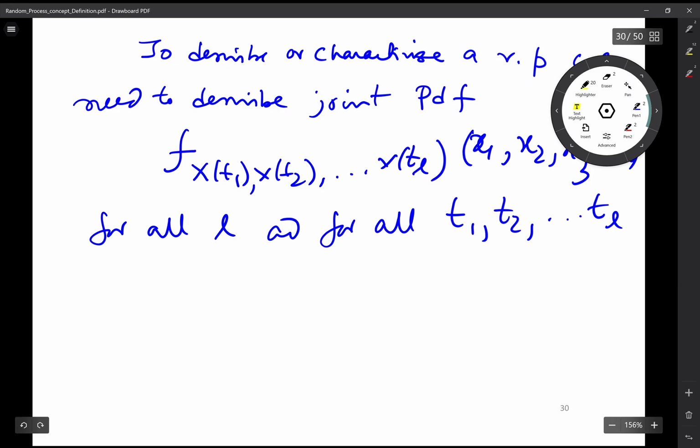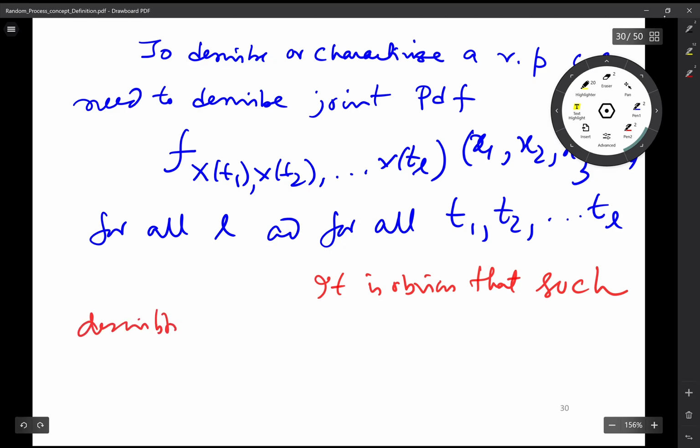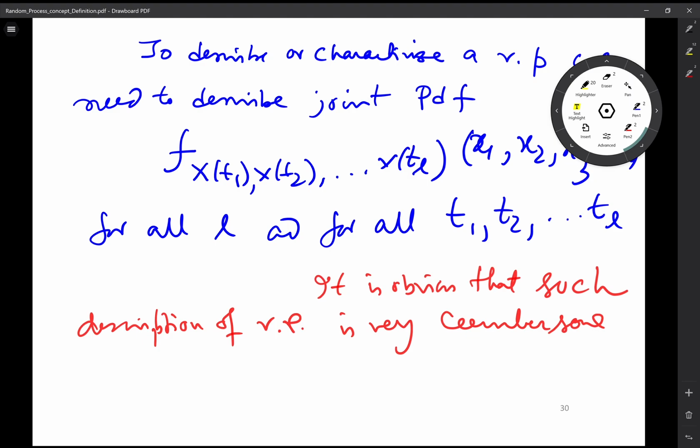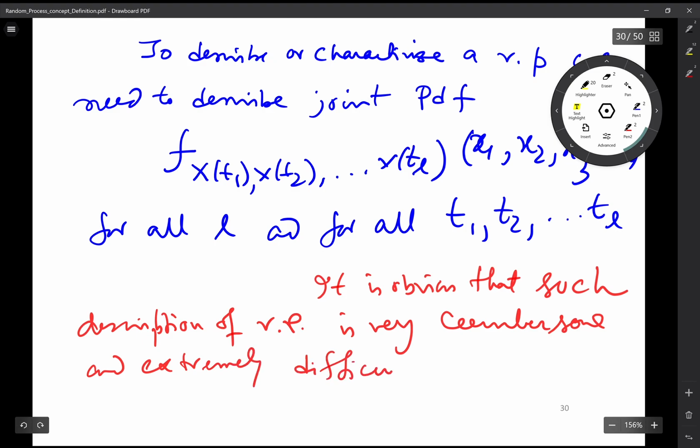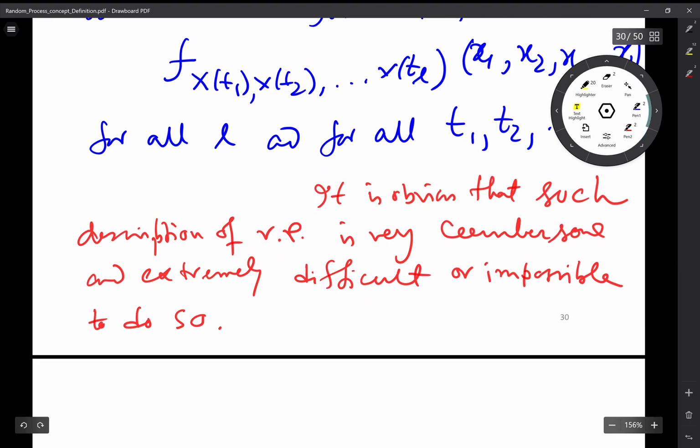So it is obvious that such a description of a random process is very cumbersome, extremely difficult, or impossible to do, because at any number of points of time we need a joint distribution.